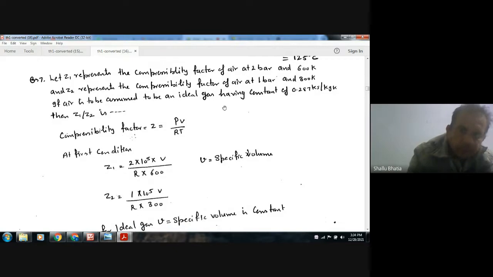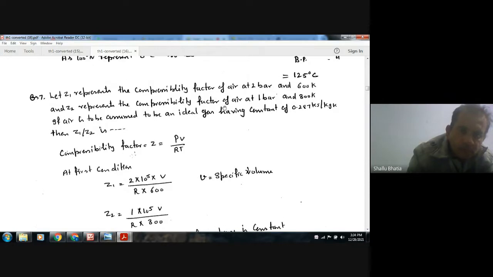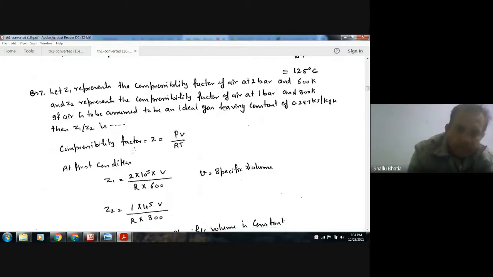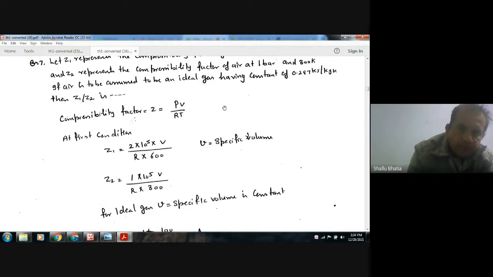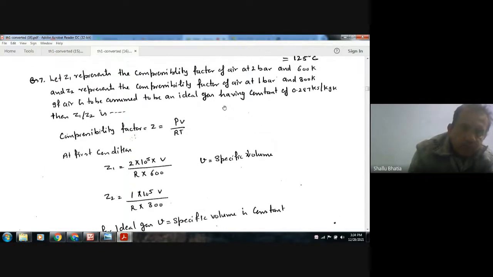Now if air is assumed to be an ideal gas, then for the same kind of gas, v is assumed to be constant. Specific volume is constant.